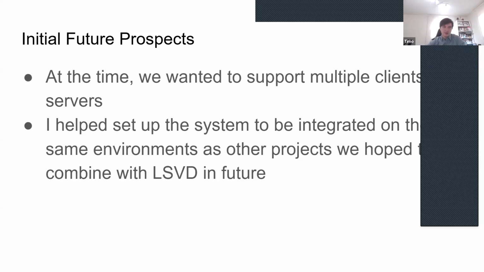The exposure to these different systems, communicating with different individuals on how to set them up, and figuring out some things for myself is a takeaway from helping maintain and set up the system for running LSVD on the nodes we had provided.